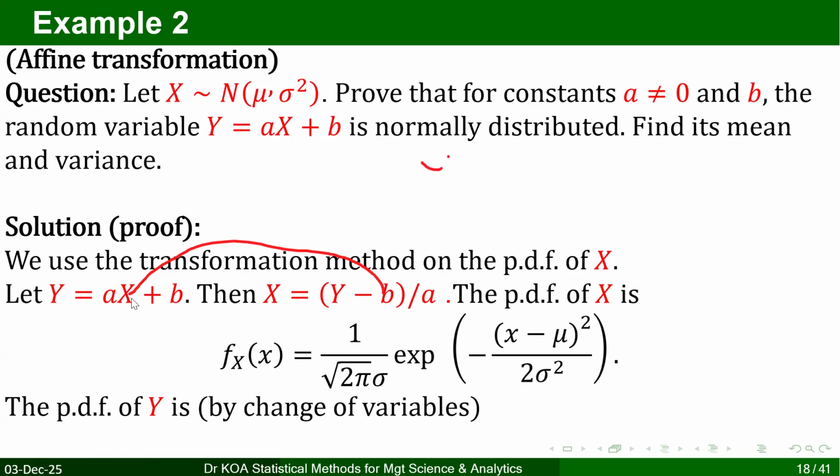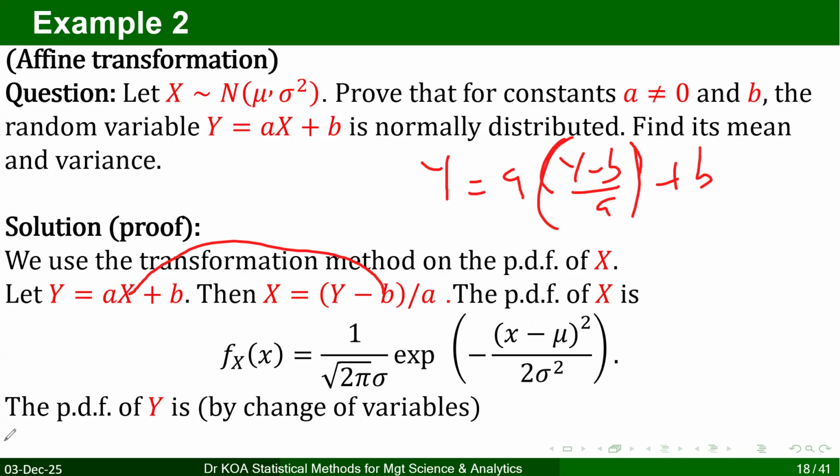So you are going to have Y equals A, and then Y minus B all over A, plus B. So whenever you have X here, you put in this value. But whenever you have Y, you put in the whole of this value.